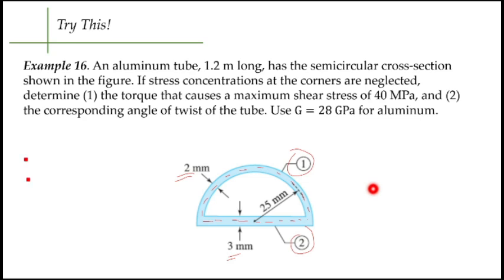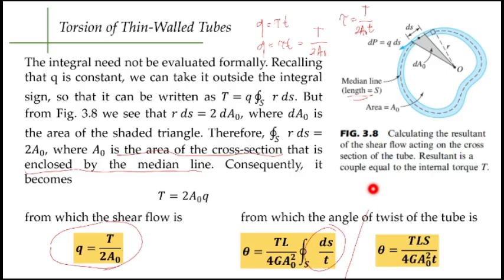So what happens now is that we have to multiply by S1 over t1 plus S2 over t2, and that is the entire ds over t.